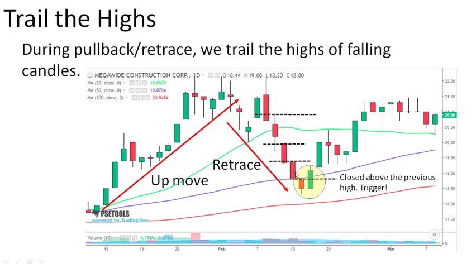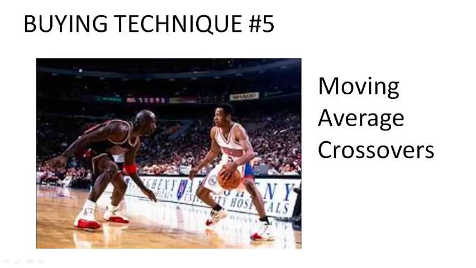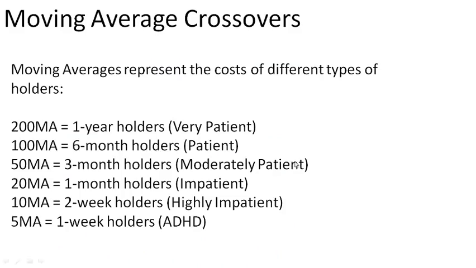Okay. Next one is moving average crossovers. So we said dati, no, na moving average represents the cost of different types of holders. Kasi 'di ba, pag may nagbenta, may bibili.